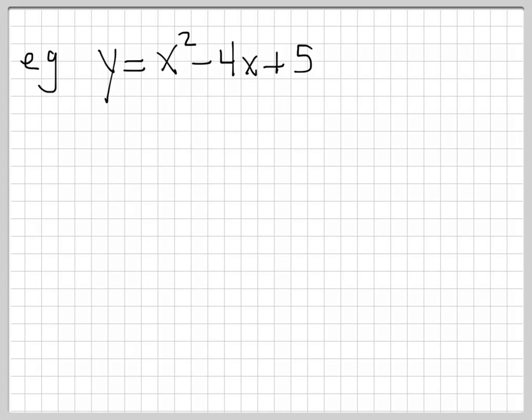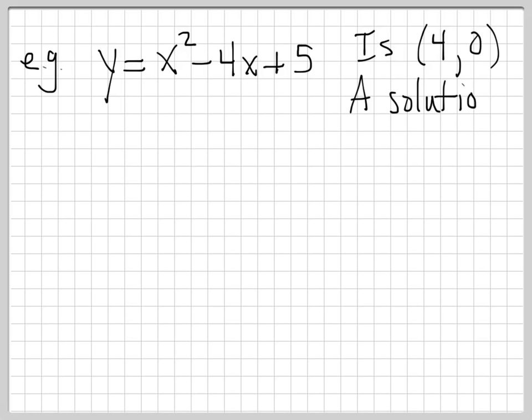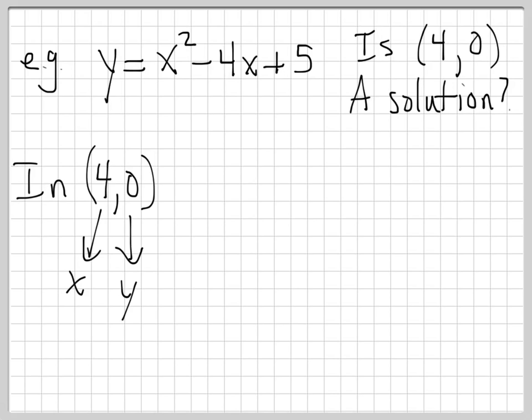Another example is to take the equation y equals x squared minus 4x plus 5, and we can ask, let's see, is (4, 0) a solution? Well, remember, in (4, 0), this is my x value and this is my y value.